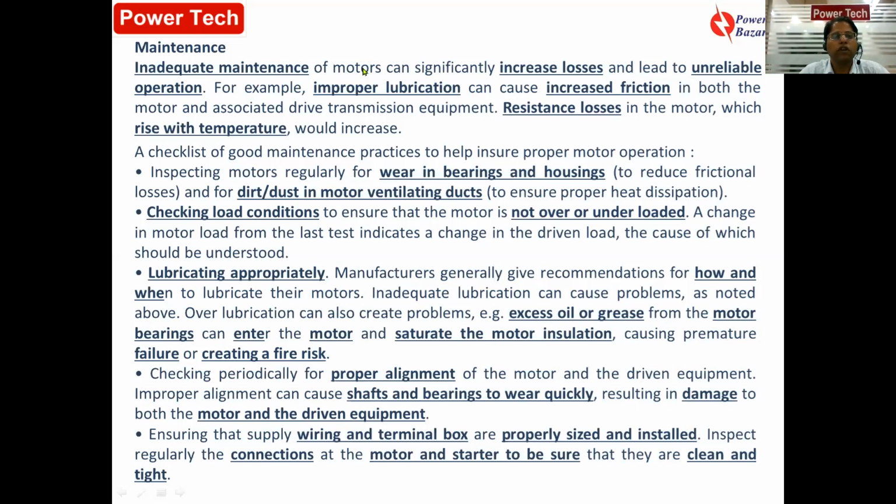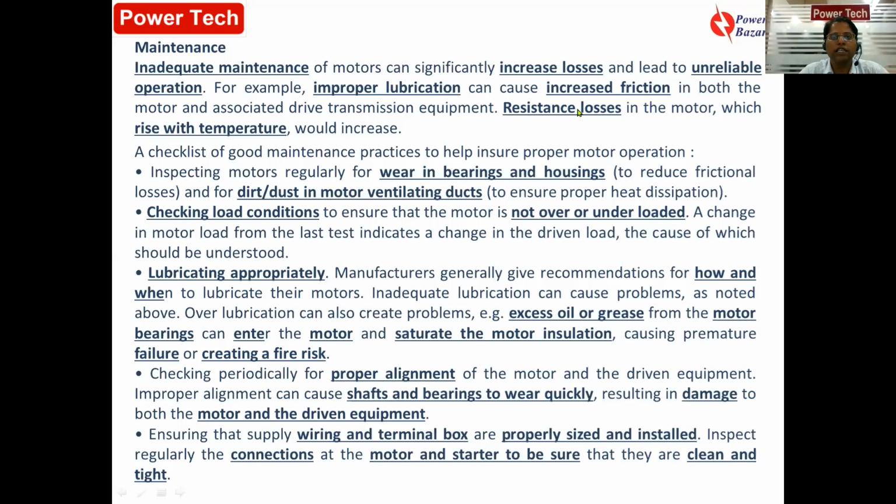Now, let us take one example of maintenance, lubrication. If lubrication is not proper, it will cause friction between the bearings or between the fixed and rotating parts, due to which the temperature will increase. This rise in temperature will increase the resistance of the motor windings, because we all know resistance is proportional to temperature.